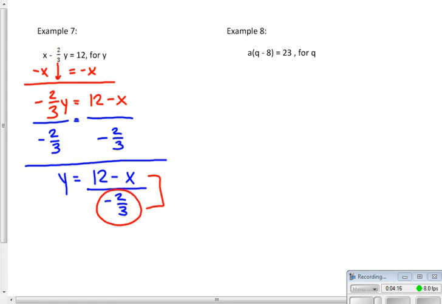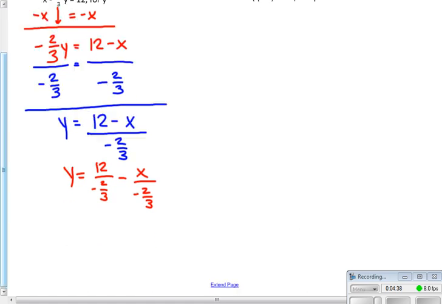So we need to actually rewrite this problem and solve this a little bit more. So it would actually be y equals 12 divided by negative 2/3 minus x divided by negative 2/3. We need to actually solve this. This here is not solved.